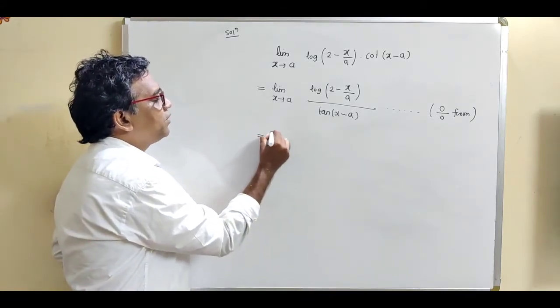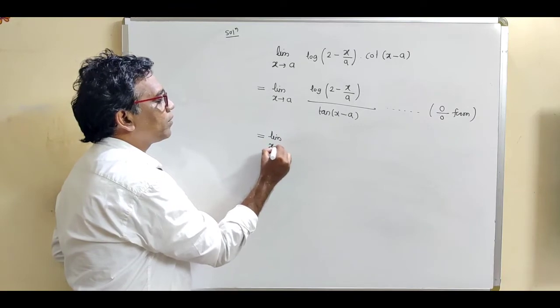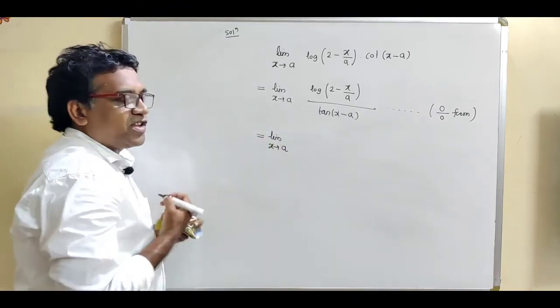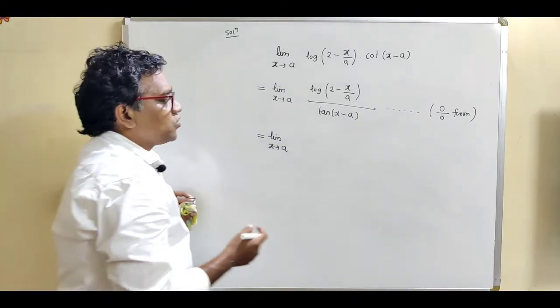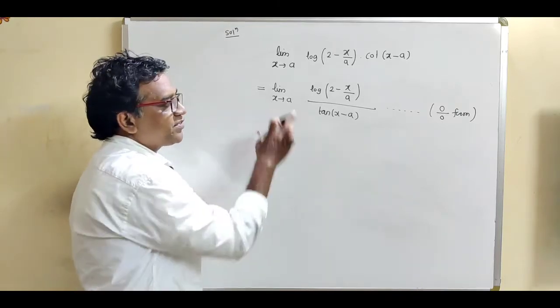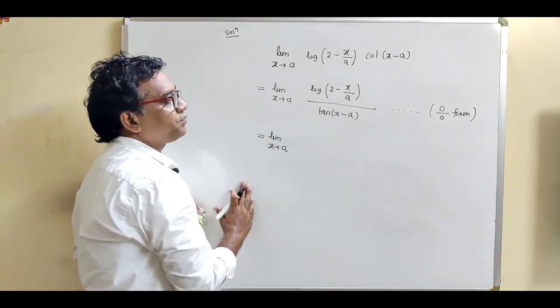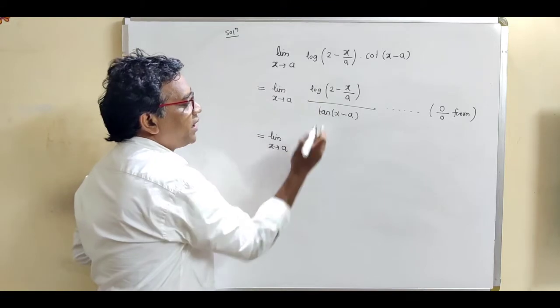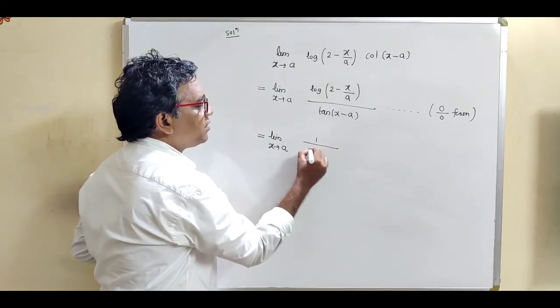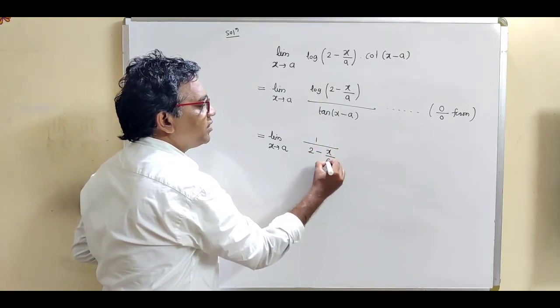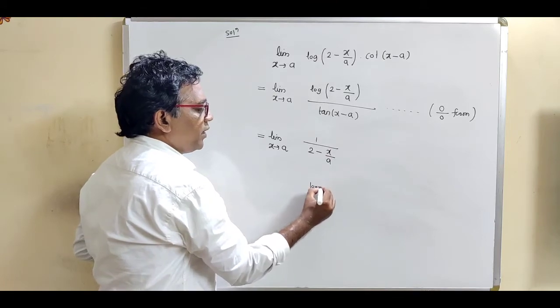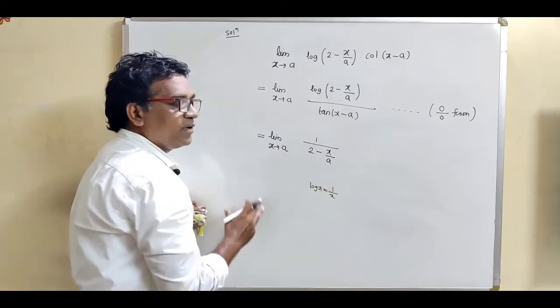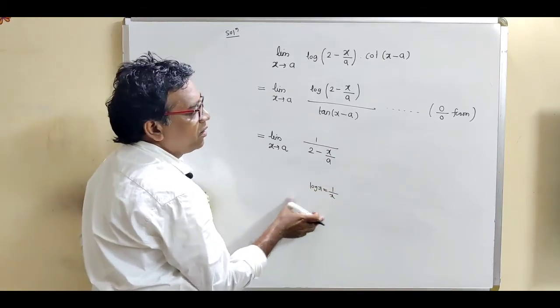So write down this is equal to limit x tends to a. So what is L'Hopital rule? Just take the separate derivative. Derivative of log x, it is 1 upon x. This is the structure. Derivative of log function, it is 1 upon x. So use this standard formula.